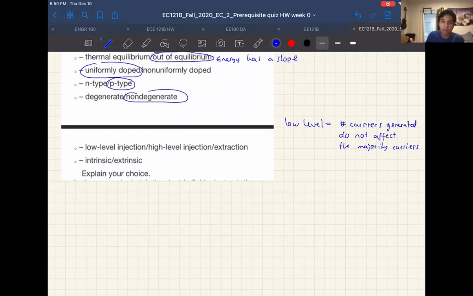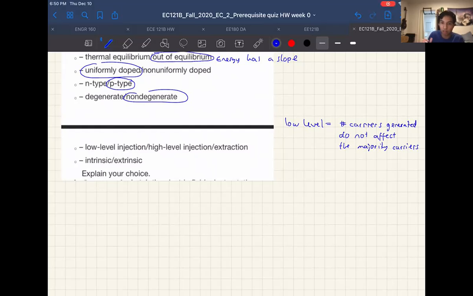This could be like you shine light into it and you're generating electron hole pairs, but it's not enough to change the majority carriers, but it's enough to change the minority carriers. So minority carriers do increase, but the majority carrier population is so big that that small change is basically irrelevant.